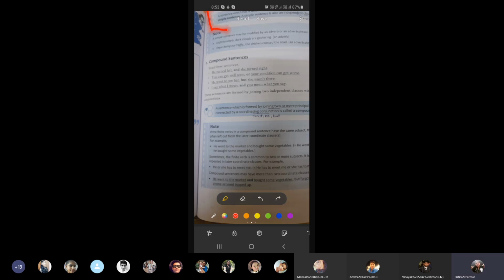Clear? So you can write both of them together and join them with words like and, or, but. These are the few words which immediately tell you that these are compound sentences. So in the next that you take up, you will write this definition here. Okay?